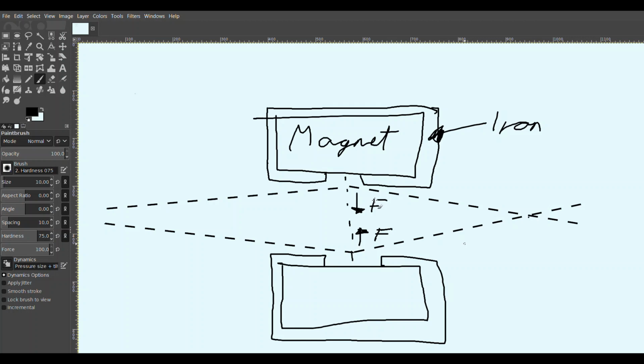Well, it is within the electromagnetic force. They found out that the electric force and the magnetic force are two sides of the same thing. But that's complicated. I'm just going to talk about magnetic forces.